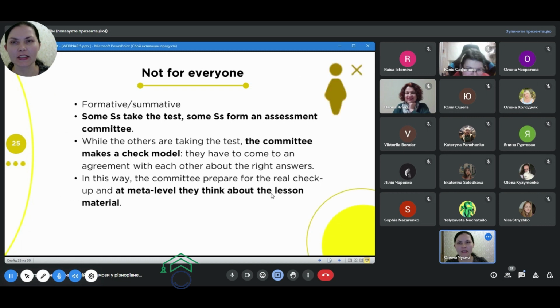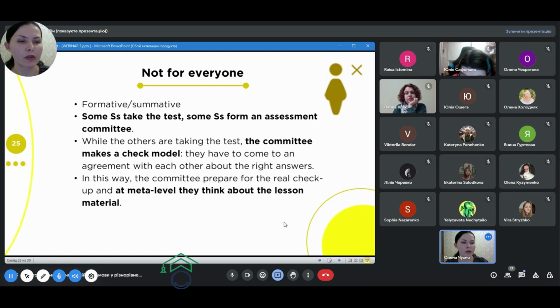The next technique is called not for everyone. So it can be used for formative and summative assessment. You divide your students into two groups. Some students take the test, and some students form an assessment committee. So while some students are taking the test, the committee makes a check model.